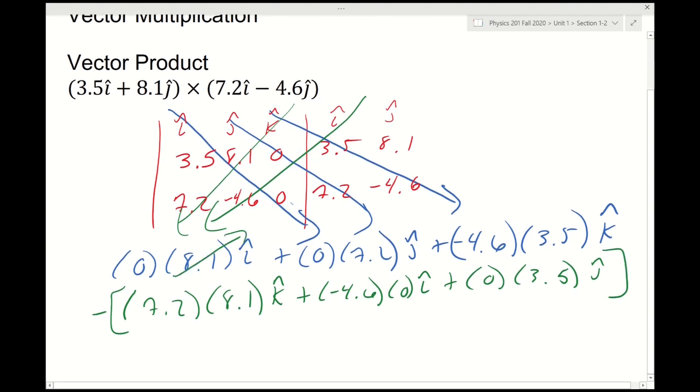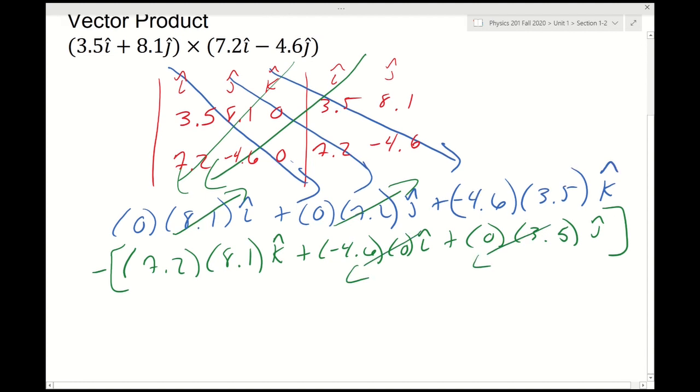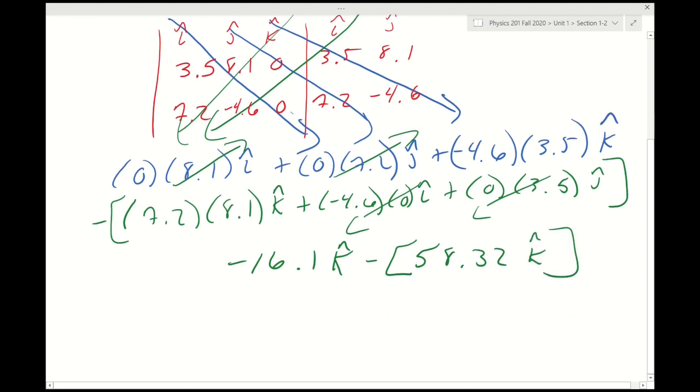Now many of these terms, because these are two-dimensional vectors, simply go to 0. So we're left with the negative 4.6 times 3.5, which gives us a negative 16.1 k, minus 7.2 times 8.1, which gives us 58.32 k, or negative 74.42 k.